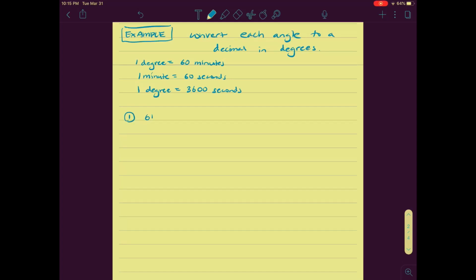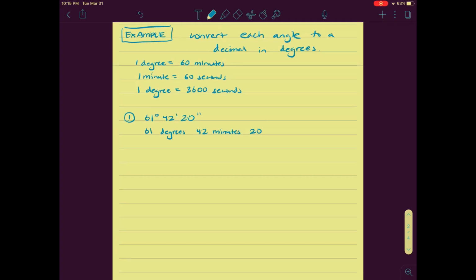So for our first example, we're given 61 degrees, 42 minutes, and 20 seconds. You don't have to do it this way, but for my first example, I'm going to write this out in words: 61 degrees, 42 minutes, and 20 seconds.